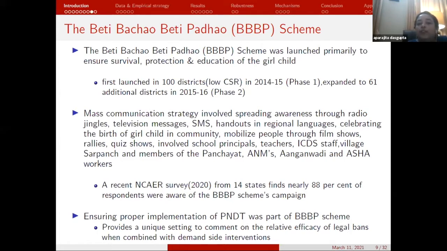It also involved school principals, teachers, ICDS staff, village sarpanch, members of panchayat, as well as health workers, ANMs, Anganwadis, ASHA workers. So there's this recent NCAER survey from 14 states, which finds that nearly 88% of respondents were aware of the B3P scheme's campaign.